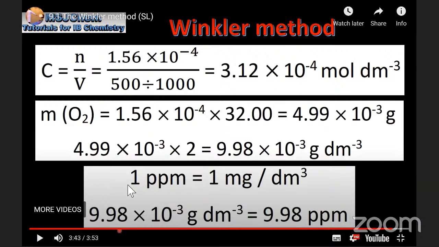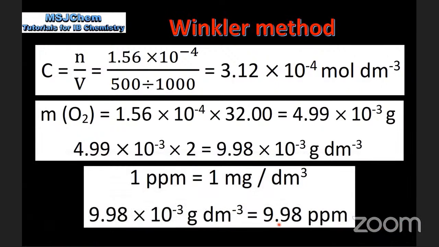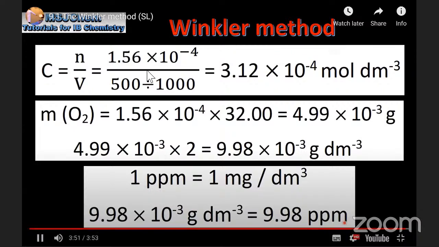So 9.98 times 10 to the negative 3 grams per decimeter is equal to 9.98 parts per million.